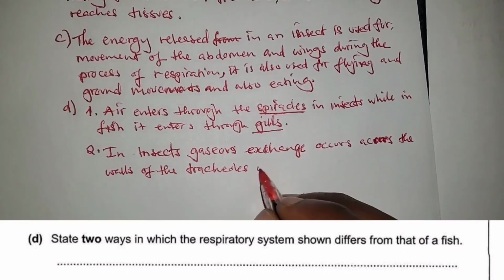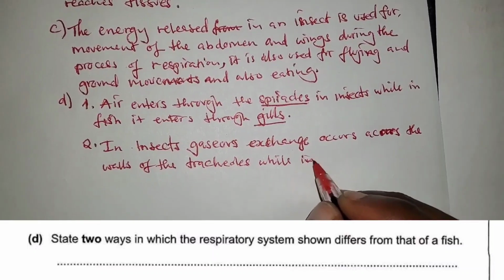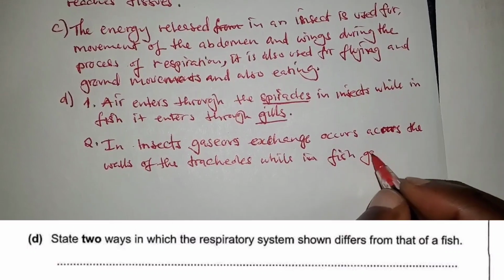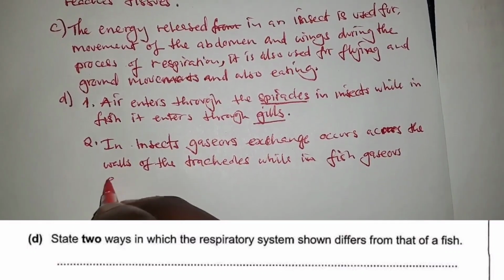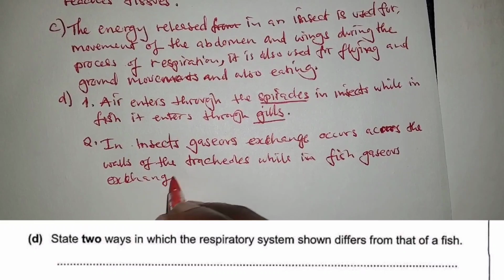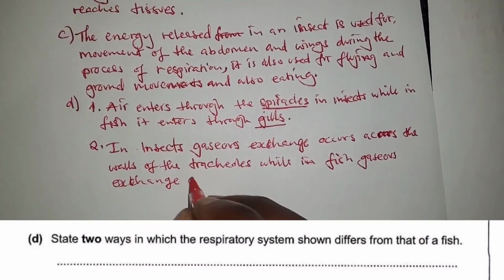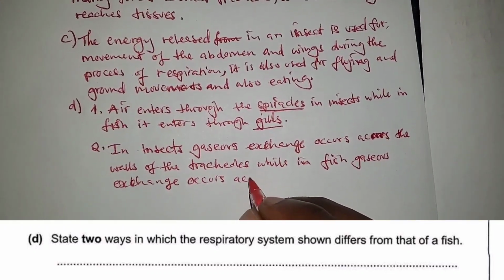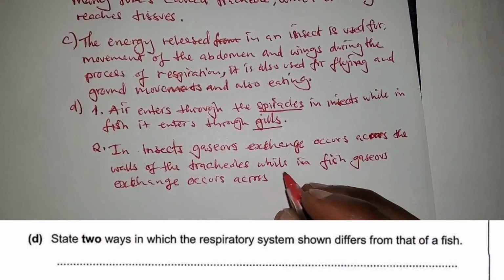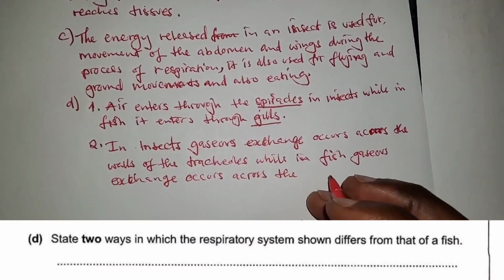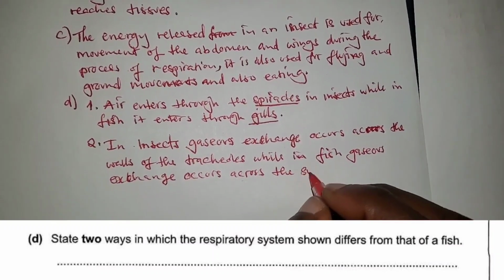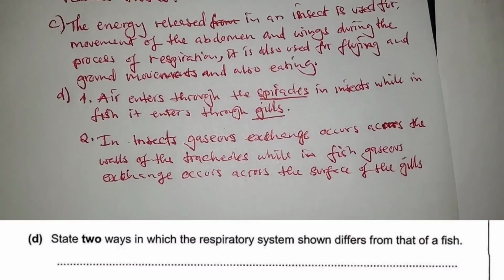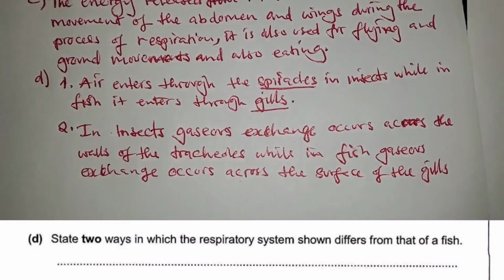While in fish, gaseous exchange occurs across the surface of the gills.